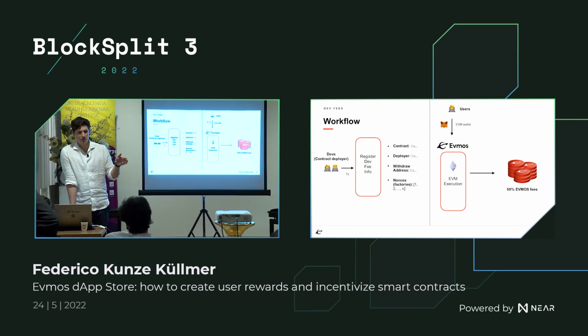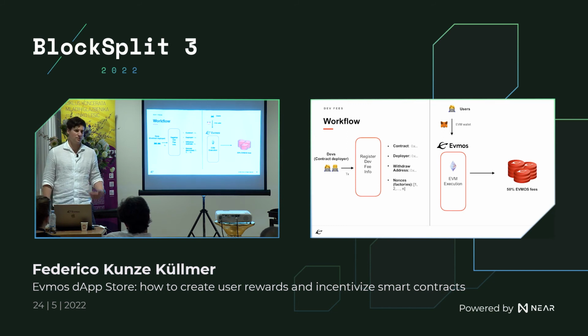The deployer is basically your address that is signing the transaction, so you don't have to provide anything. It's just going to be provided by MetaMask or your wallet. And then you define the withdrawal address. You can leave this out, it's optional.